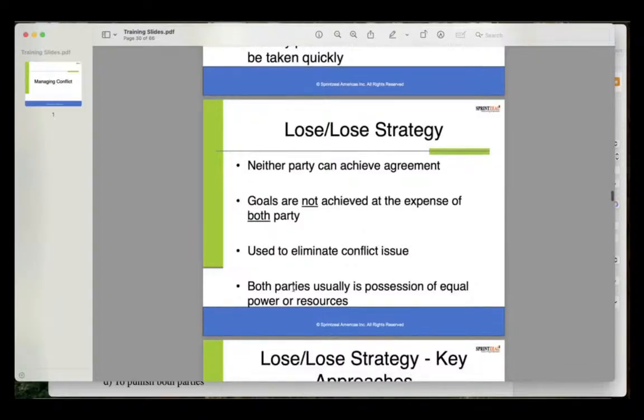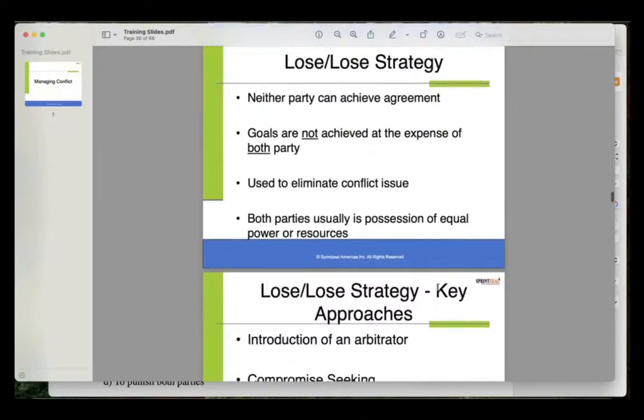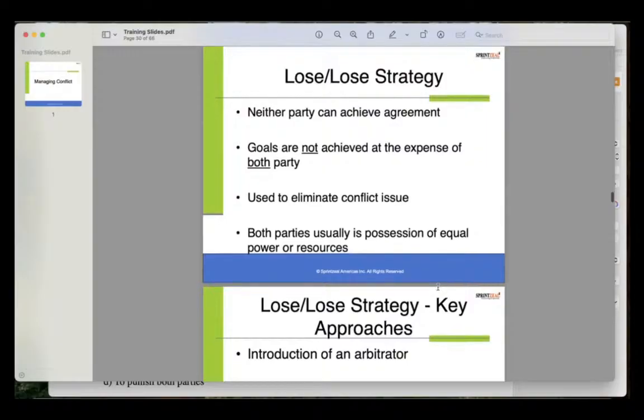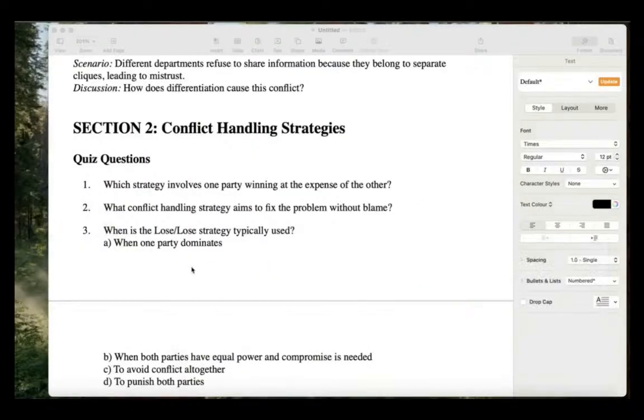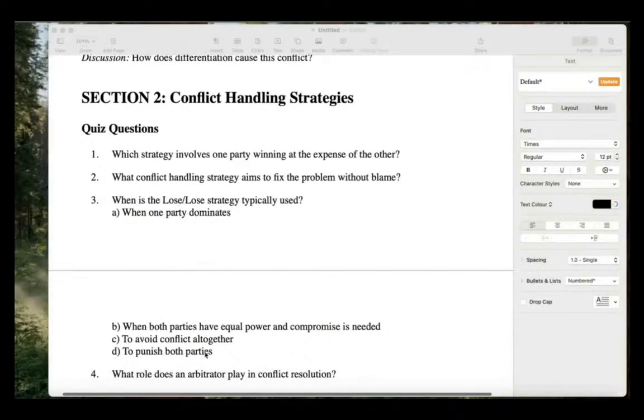Again, let's see. It is used to eliminate conflict issues. Both parties usually are in possession of equal power or resources. This is about the lose-lose strategy that we have seen. So can you relate this to any option here?